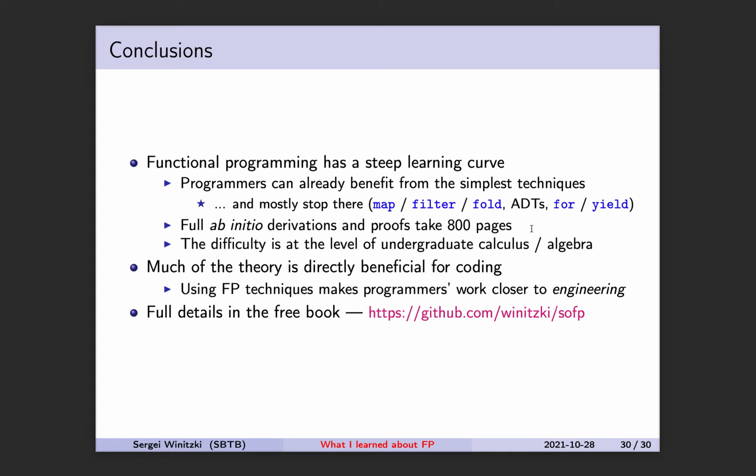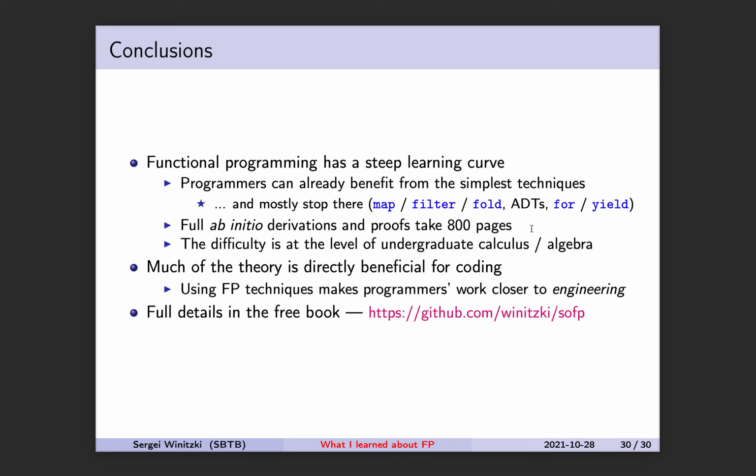And as I was describing, this theory is directly beneficial for coding. This theory is about writing code, is about what data structures you should use if you want a monad or a functor, or why would you want a functor, why would you want a monad. So knowing that this is based on rigorous derivation on mathematics makes programmers work closer to engineering.